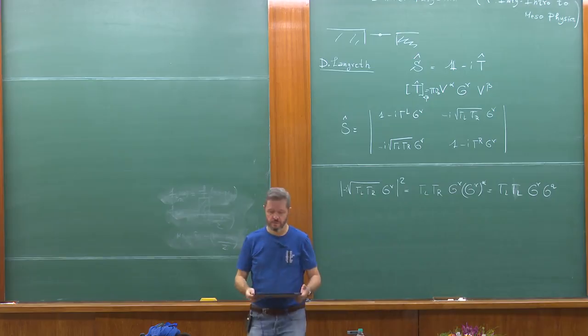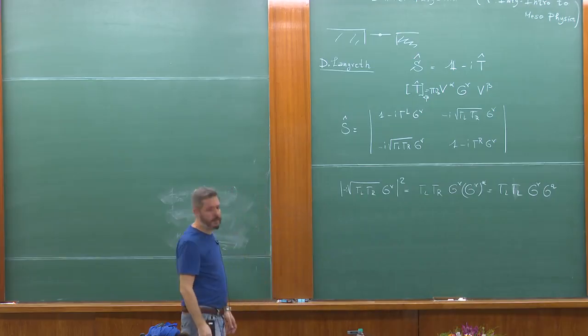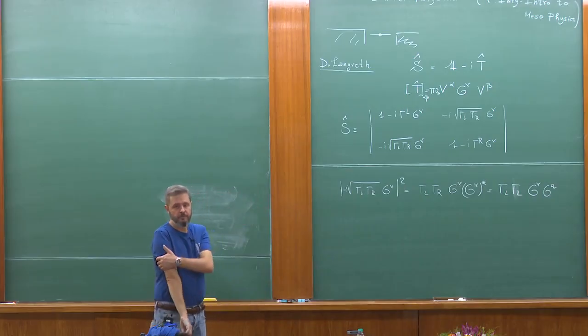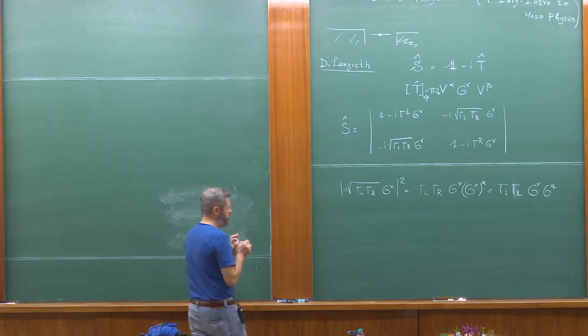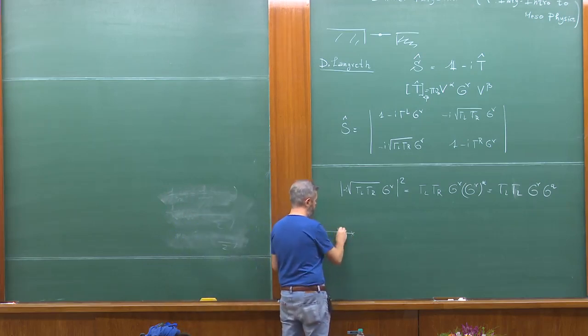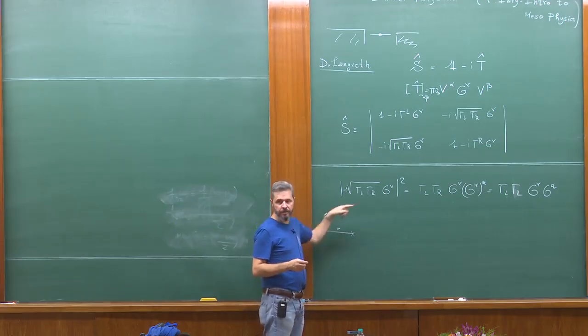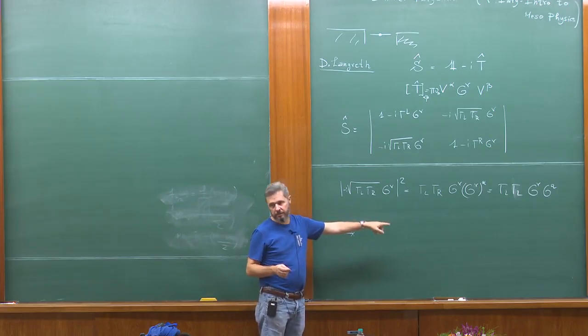That matrix element of T, how does one write that down? Well, you have to do the calculation, yeah. But intuitively it's quite clear, right? Because you're figuring out how a particle that is created on the left is getting out on the right, let's say.